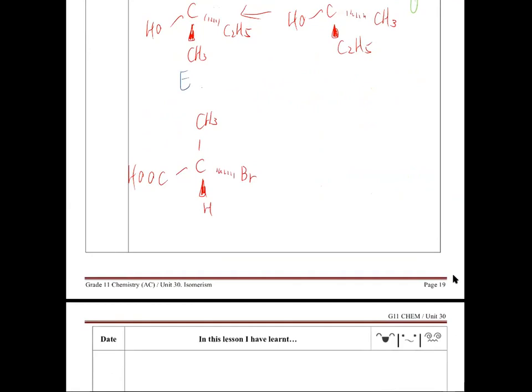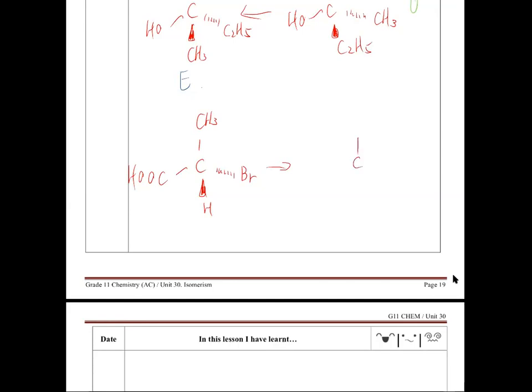So my first observation is that on the right-hand side, the molecule has bromine on top. So maybe I can switch the position of the methyl group with bromine first.